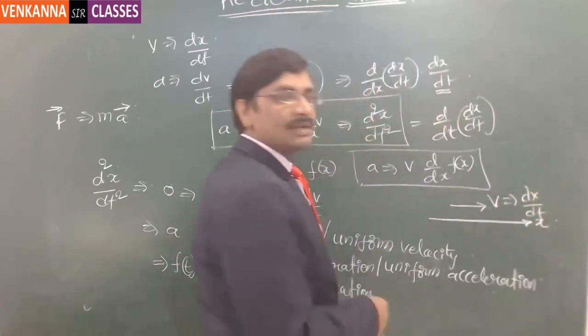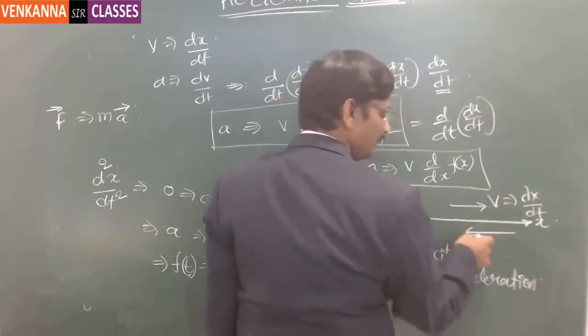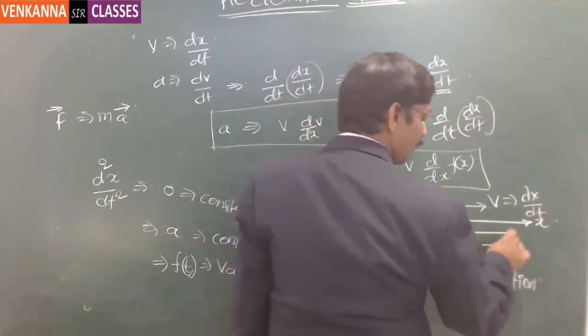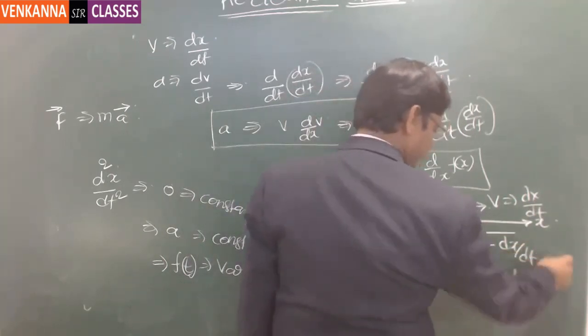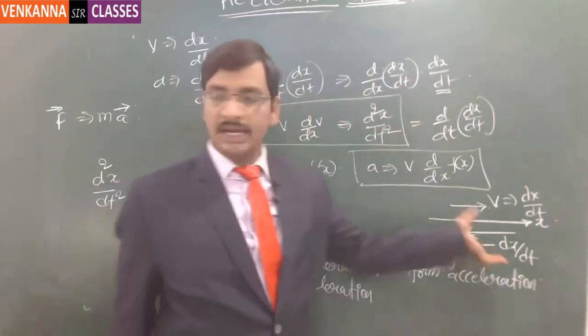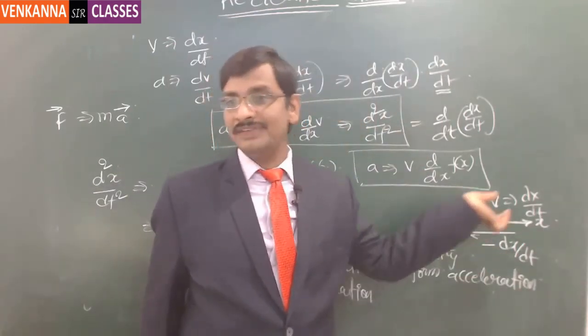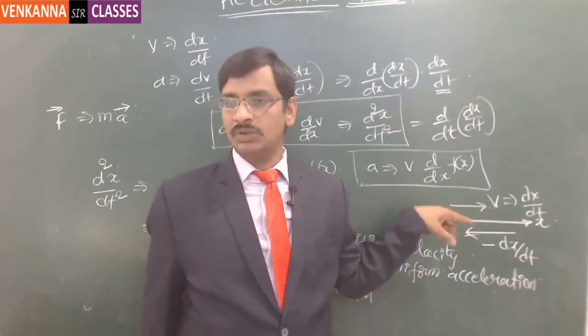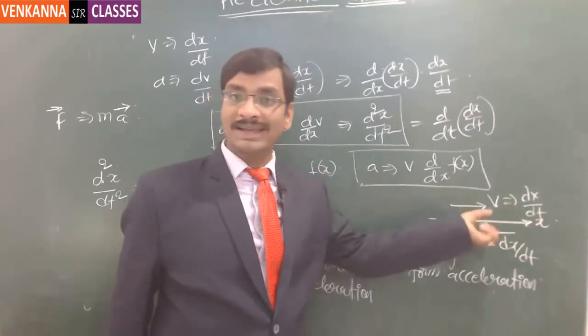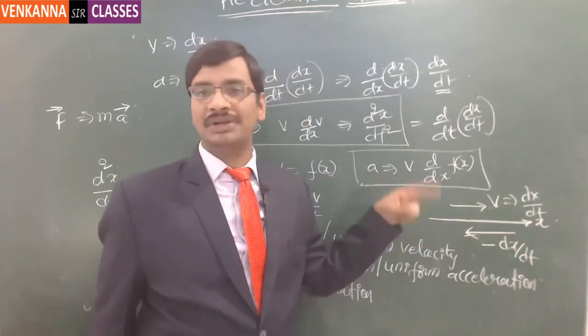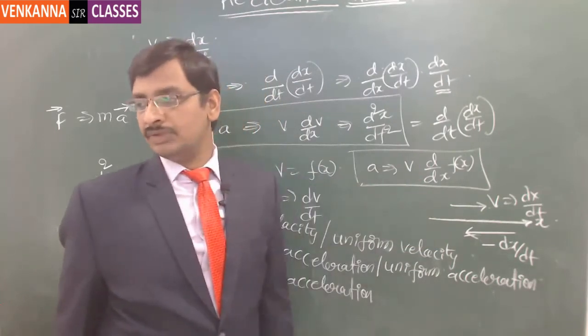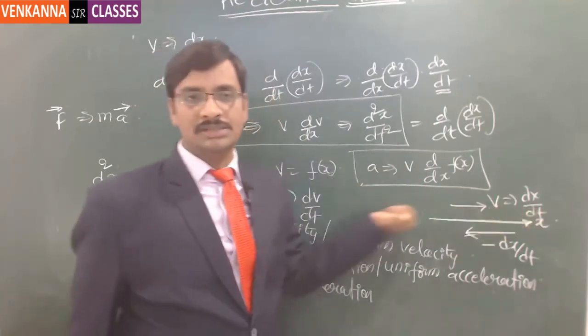If the particle is moving in the negative direction of x, then we treat it as minus dx by dt. The direction of the displacement is treated as positive. In the opposite direction, or the decreasing direction of the displacement, we treat it as the negative direction.